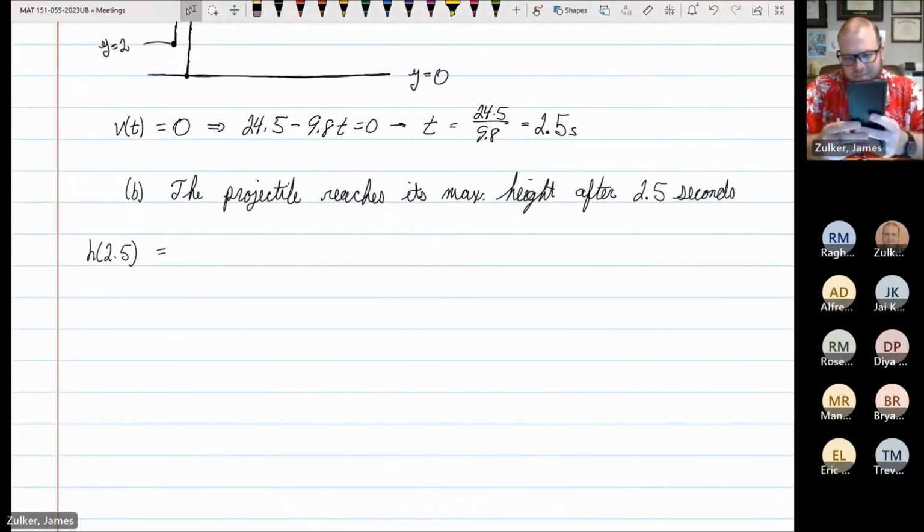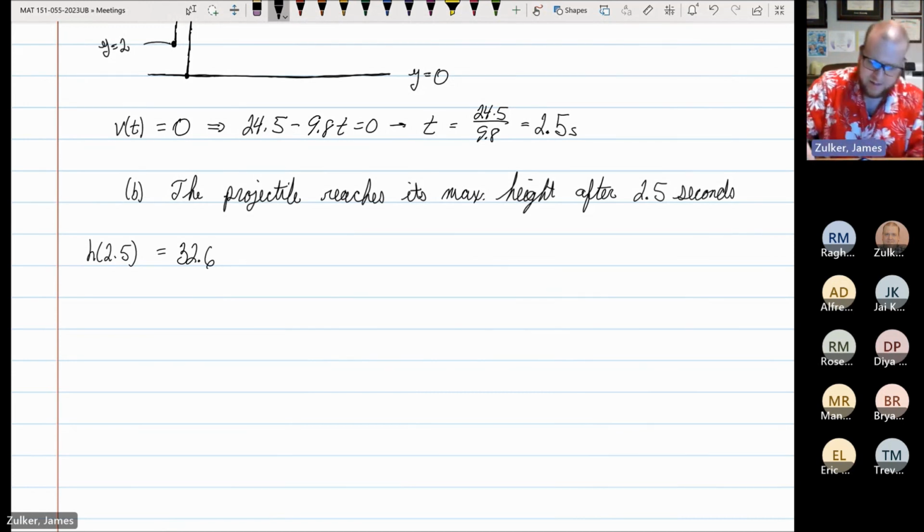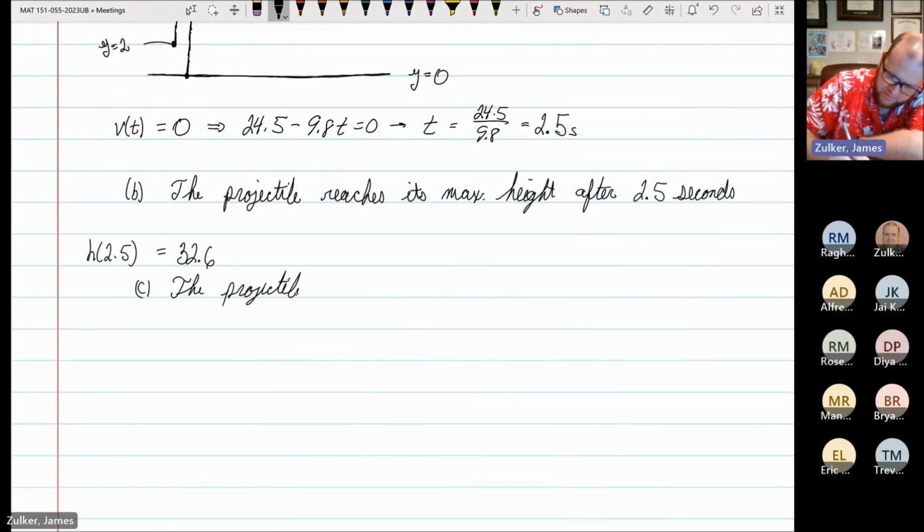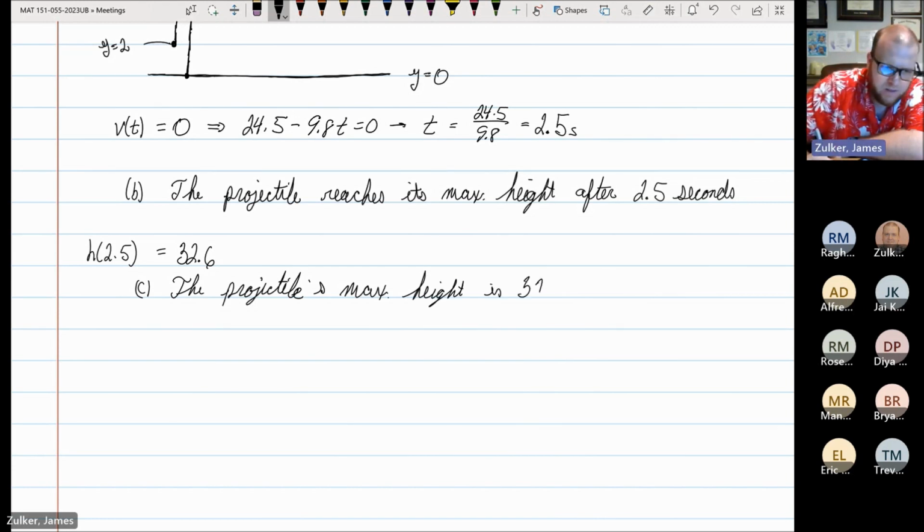Minus 4.9 times 2.5 squared. So it's 32.6. So 32.6 meters.